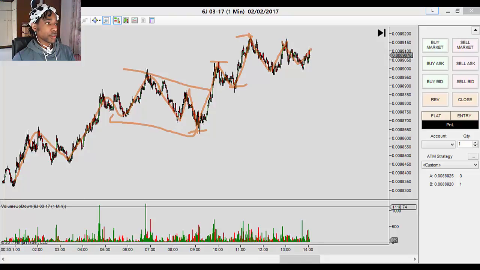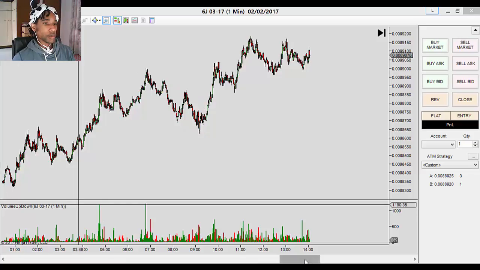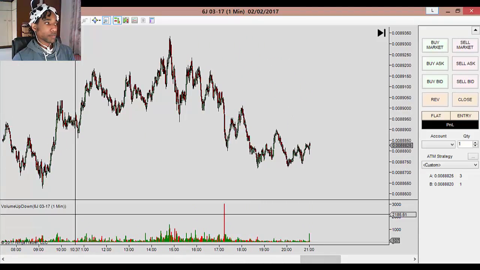So we had higher highs, now we have the range here. Pop up, we're in a range again, backing and filling, then breakout again, lower lows, lower highs. So you get the picture.